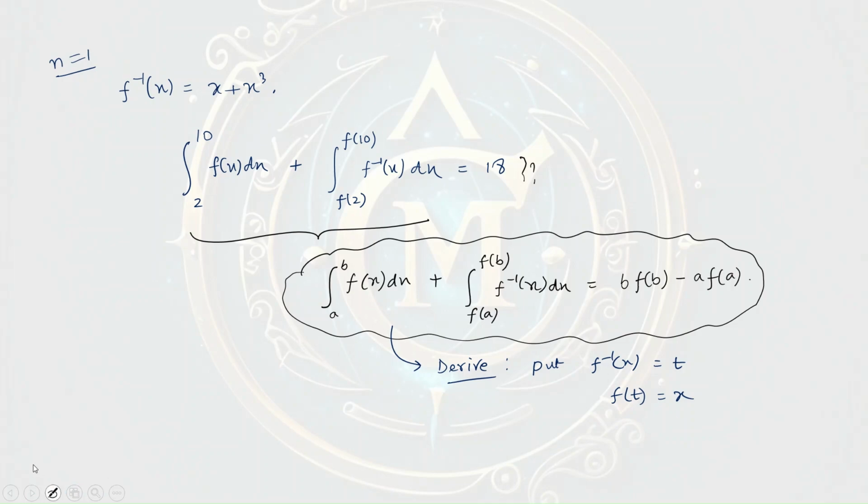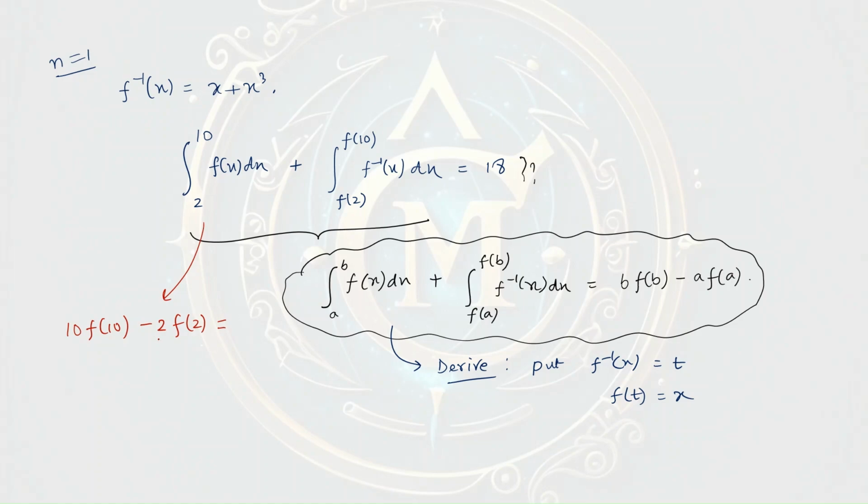Now, how to solve this? This will be simply 10 times f of 10 minus 2 times f of 2. This value we have to calculate. Now, how to calculate f of 2 and f of 10? Basically, we found an expression for f inverse x, but f x is not known to us. f x is more difficult to calculate.